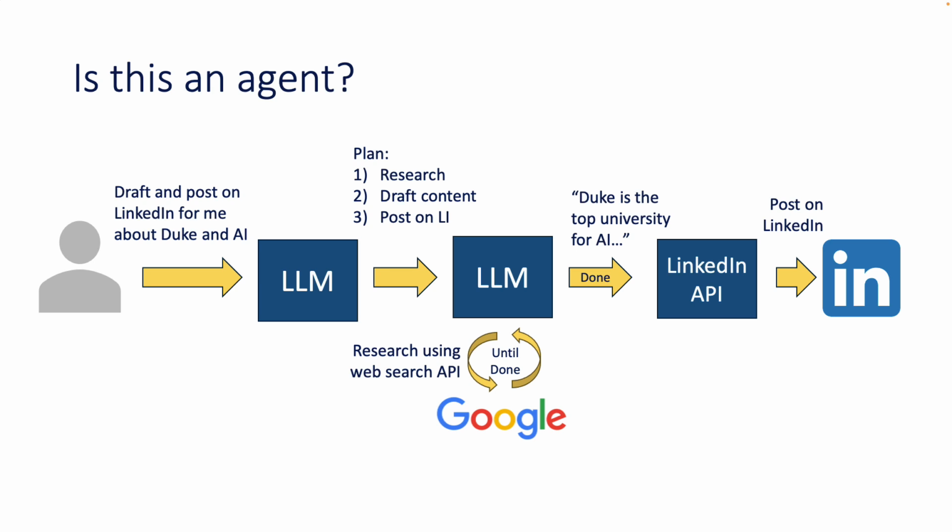Now, you say draft a LinkedIn post. Well, a LinkedIn post needs to be a certain length, a certain number of characters, which is very different than do research and write a 5,000 word opus on some relationship between Duke and AI and et cetera, et cetera. So the context of done is going to then be inferred based on the task at hand.